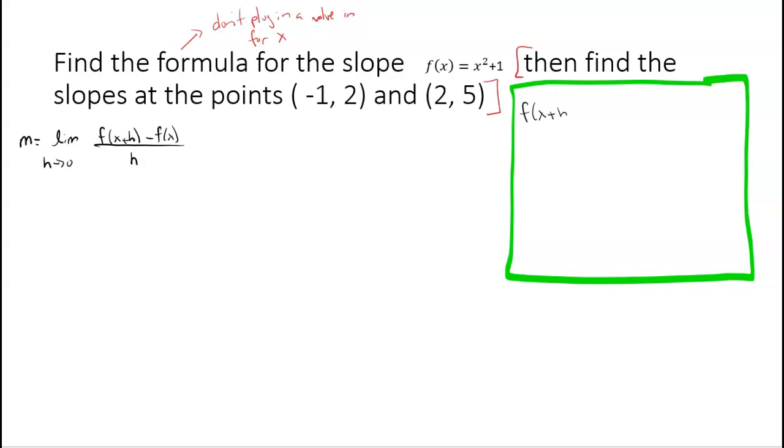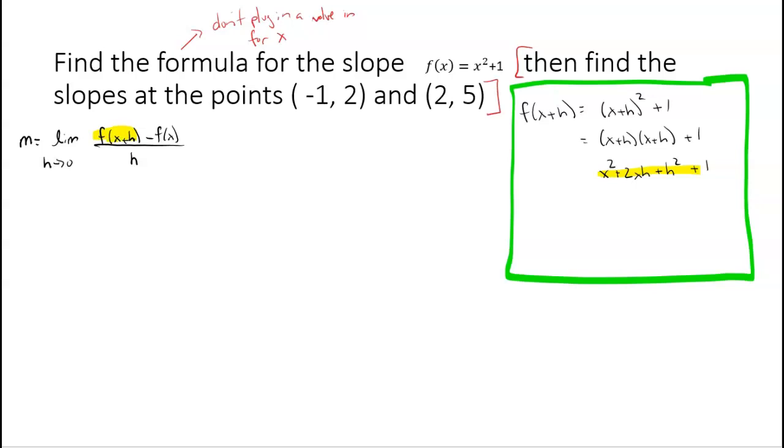I have an f of x plus h. So let's go ahead and plug in x plus h everywhere I see an x. That's already there, so why not use it? So this will give me x plus h times x plus h, then plus 1. So this will give me x squared plus 2xh plus h squared, right? It is a perfect square trinomial. And then I have this plus 1. So this expression right here is what we're going to plug in right there.